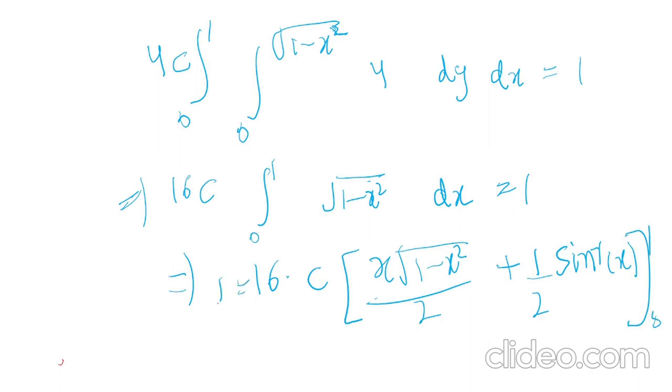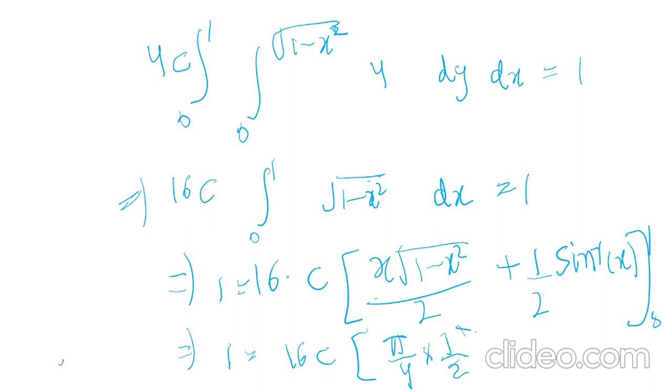This one is equal to 1. So this is 16c. Now at 0 it will be 0, and at 1 the first term will be 0. This is sine inverse x. Sine inverse 1 is pi by 2, right? Sine inverse 1 is pi by 2.